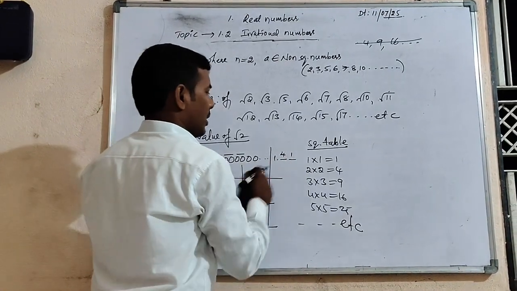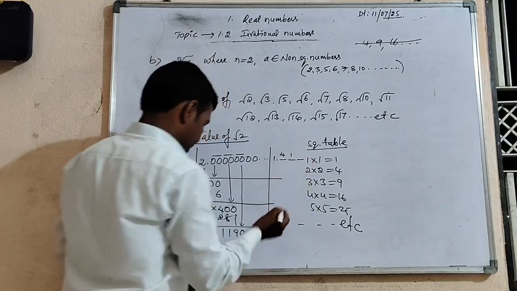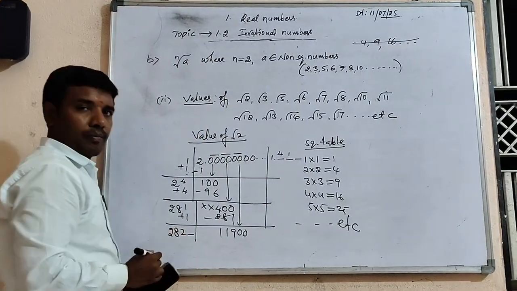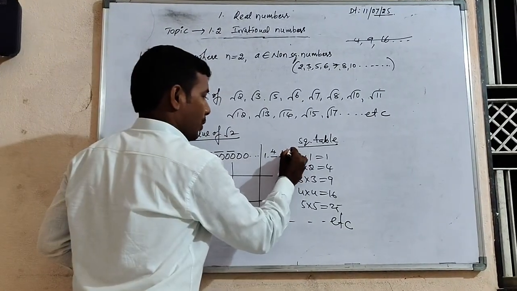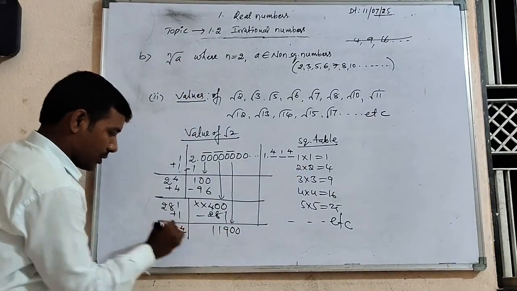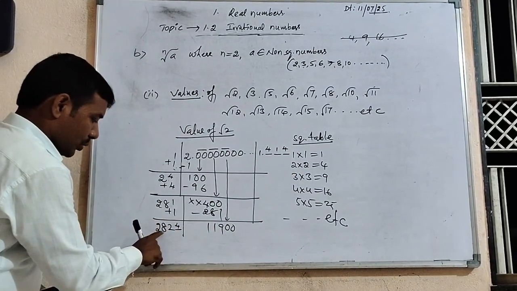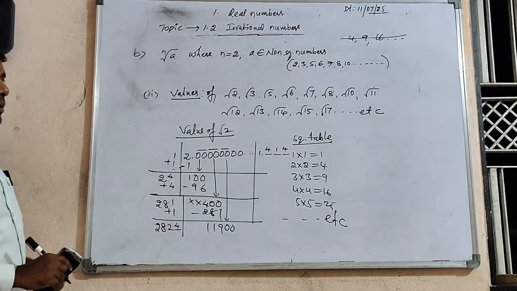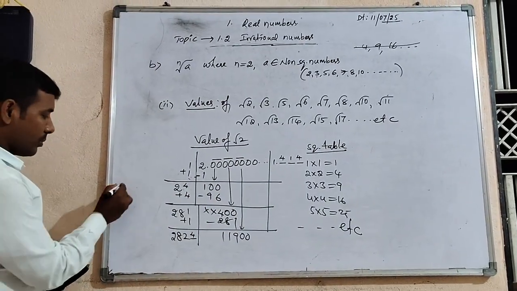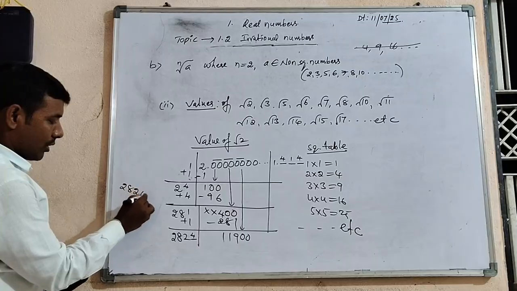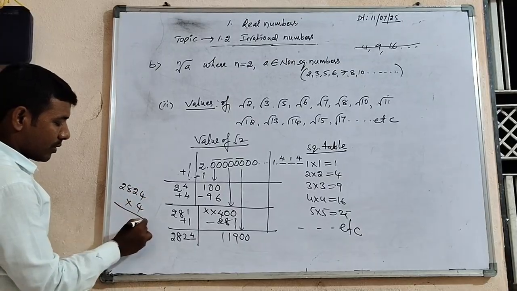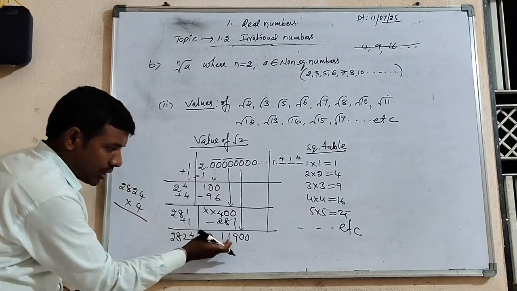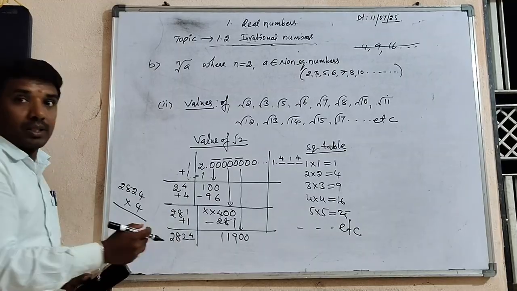Same repetition only. Here we need 1 digit. The same digit we have to replace there. For example, if I am taking 4, let us take 4 here also. Once check 2824 4s. Now I am checking 2824 into 4. Why? Because we want to reach nearest to this figure, not more than that.